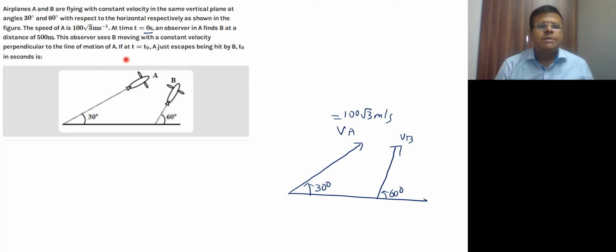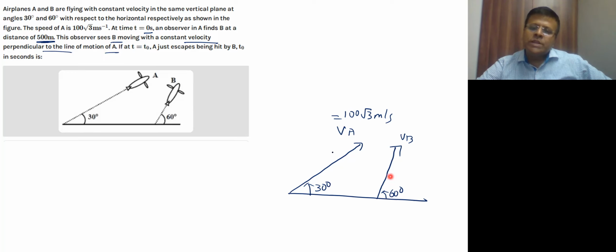Okay, now at time t equal to 0 seconds, let's say that the observer in A looks at the plane B, and he finds that the plane B is at a distance of 500 meter, and also observes that B is moving with a constant velocity which is perpendicular to the line of motion of A. So with respect to the observer in A, can I draw that the velocity of B will be along this direction?